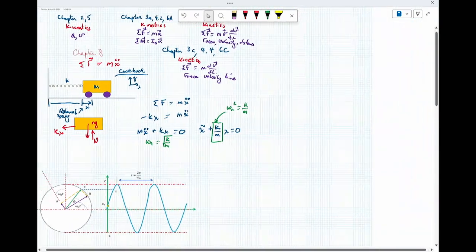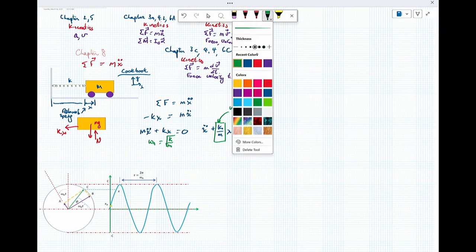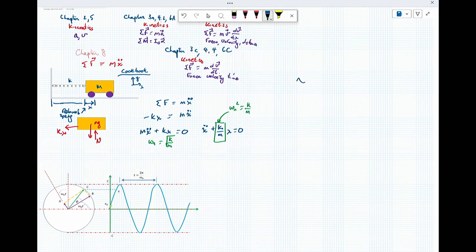Now, I messed up with the distances. So my solution in this particular case is a second order term. There's no first order term. So if I have a solution for x, it can be something that has the same form as x and x double dot. And what's nice is a sine and a cosine.